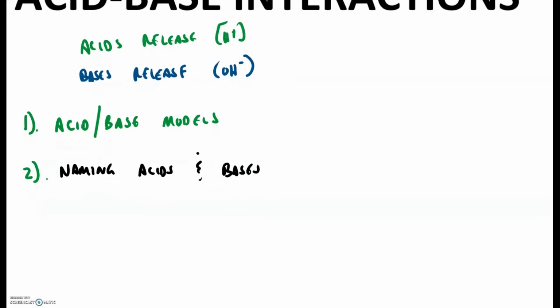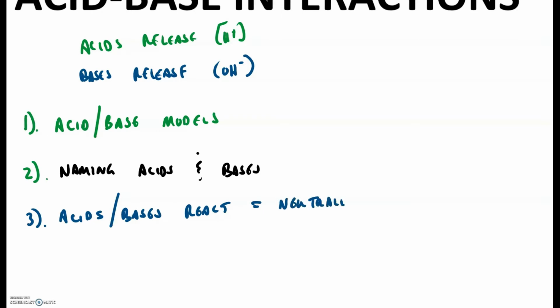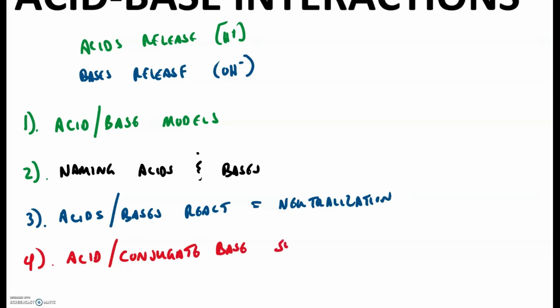We'll be dealing with what happens when acids and bases react, and we're going to call that a neutralization reaction. You'll see why. And finally, we'll be looking at what we're going to call the acid/conjugate base system.